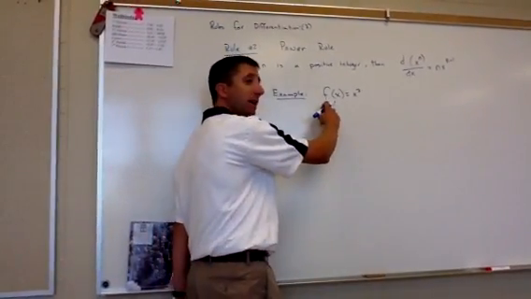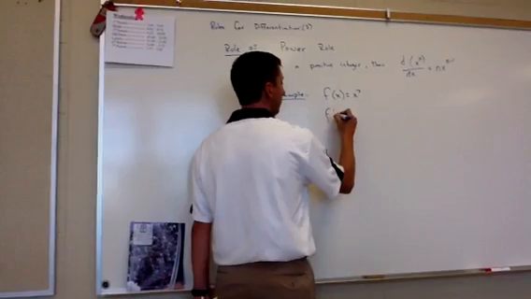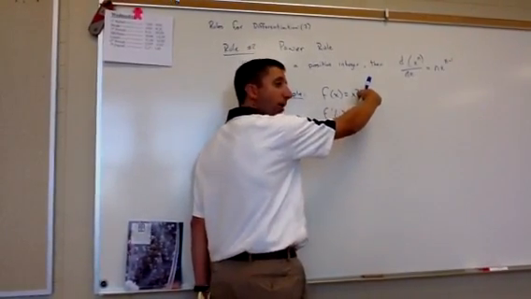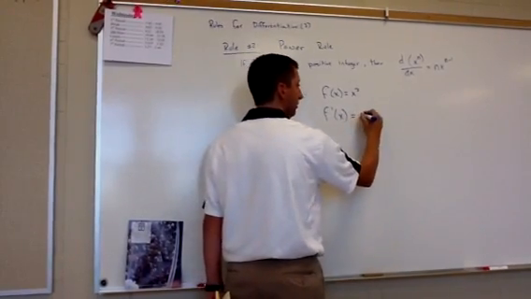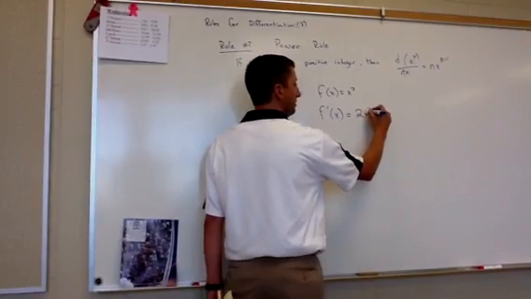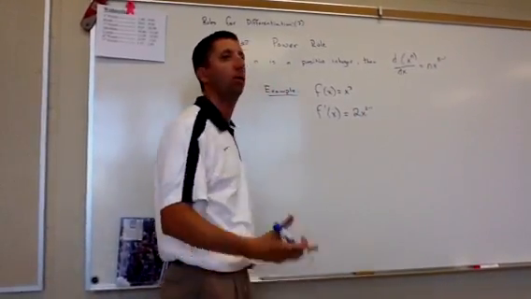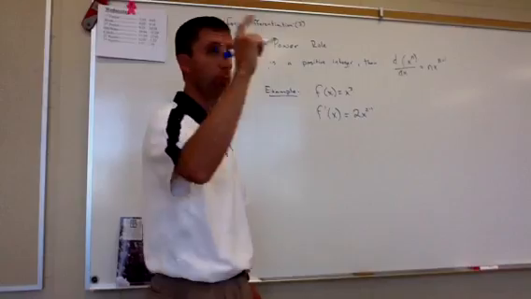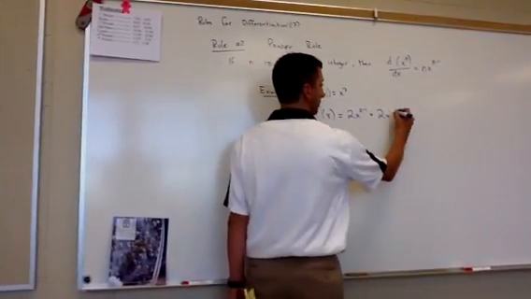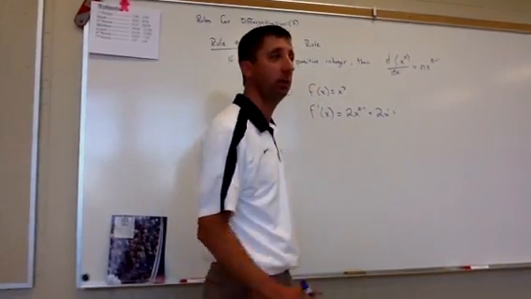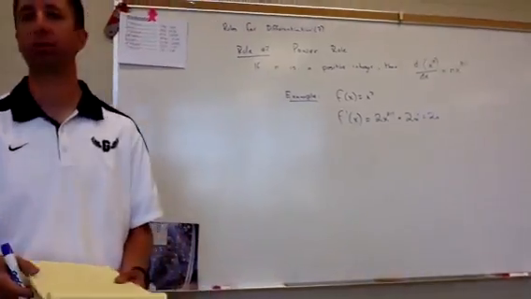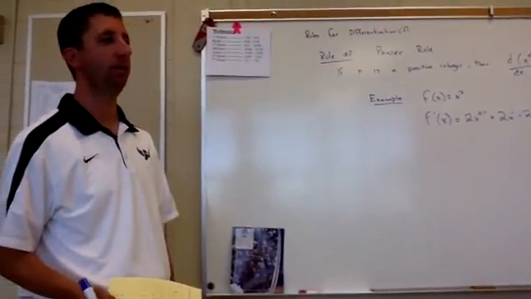The derivative of this, so f prime of x is equal to, I bring the power down in front, so it becomes 2 times x raised to the 2 minus 1 power. What's 2 minus 1? 1. It's 1. So this becomes 2x to the first, or since we are in AP Calculus, we can just write it as 2x. Okay? That's okay. We don't have to write x to the first. Right, Anthony? Yes.